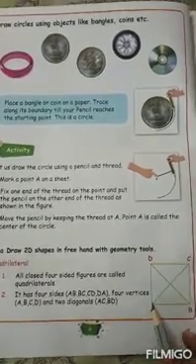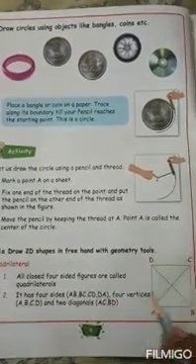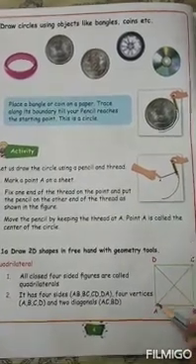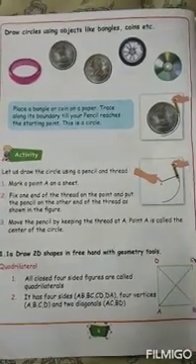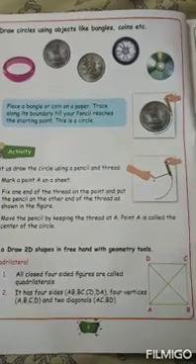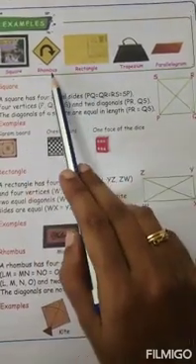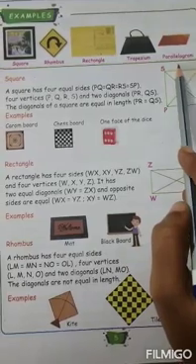Four vertices means corners A, B, C and D, and two diagonals. So which is going in between, those are the diagonals, and A and C is one diagonal, B and D are one diagonal. Okay, few examples of quadrilateral are square, rhombus, rectangle, trapezium and parallelogram.